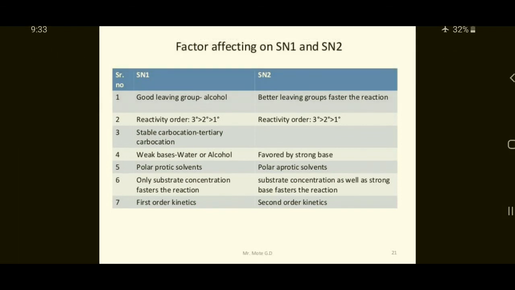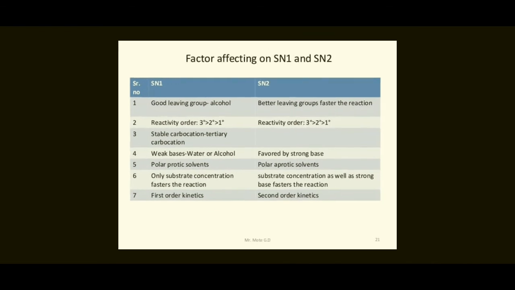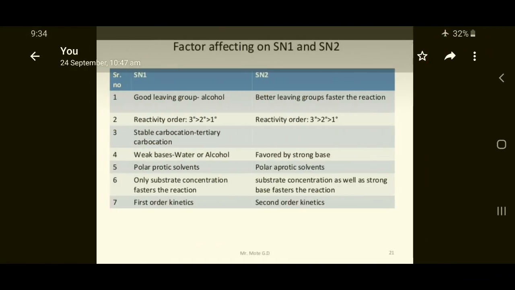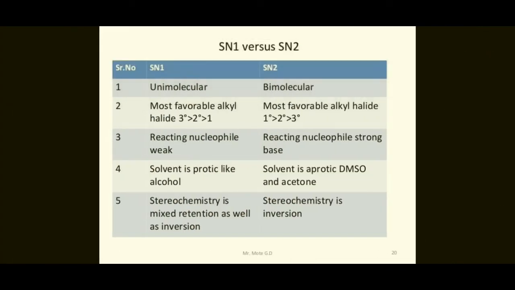SN1 reactions use polar protic solvents, but SN2 reactions use polar aprotic solvents. In SN1 reactions only substrate concentration speeds the reaction, but in SN2 reactions both substrate concentration and a strong base speed it up. SN1 is first order kinetics and SN2 is second order kinetics. So explain the SN1 and SN2 mechanisms with energy profile diagrams. Thank you students.